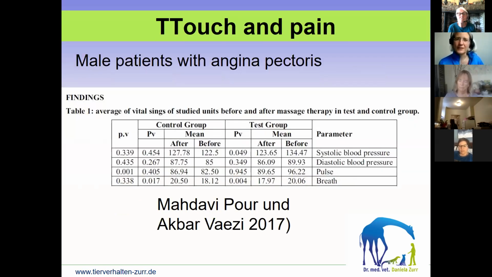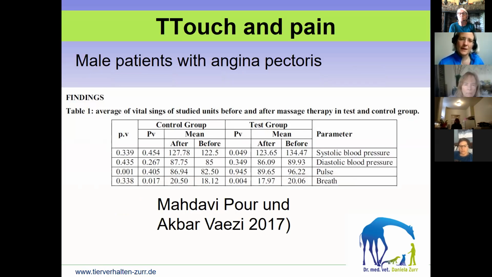And to finish, I come to just one study from human medicine to remind you how effective TTouch can be in reducing pain and influencing blood pressure even in severe situations.